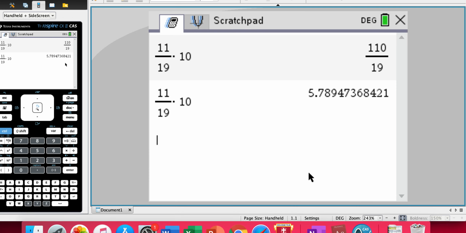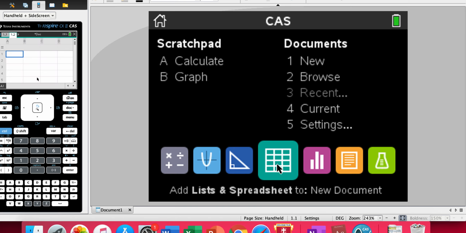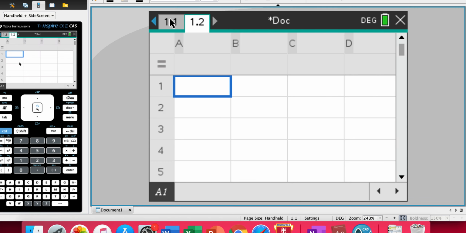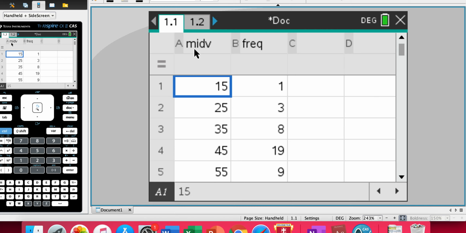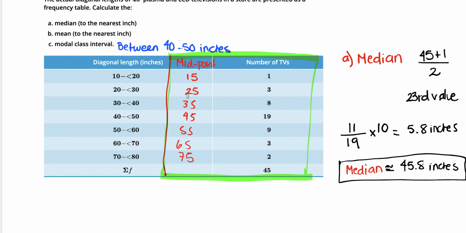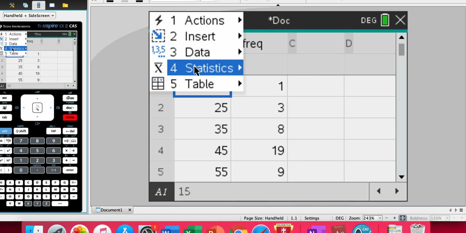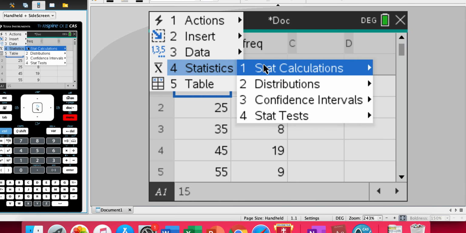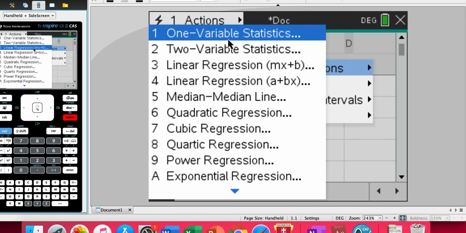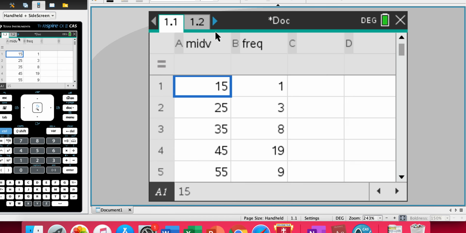I already have done that, so I go into my spreadsheet. Here it is. I've called this column mid value and this one frequency. For 15, I have 1, and for 25, I have 3. How do we calculate this? We already know. We go into menu, statistics, stats calculations, one variable statistics.